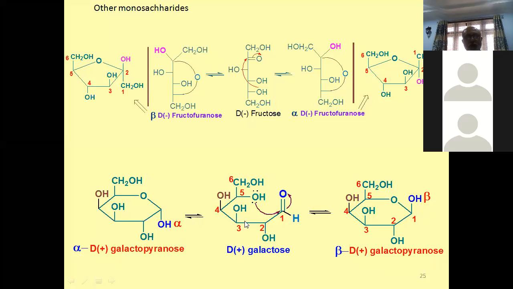So the difference between glucose and galactose, you have to remember only in terms of C4. In glucose it is down, and in galactose this OH group is up. That is the difference. So that way you should remember, and it is very simple to manage this carbohydrate chemistry. And for chemistry students, we will be more interested in knowing the structure properly.